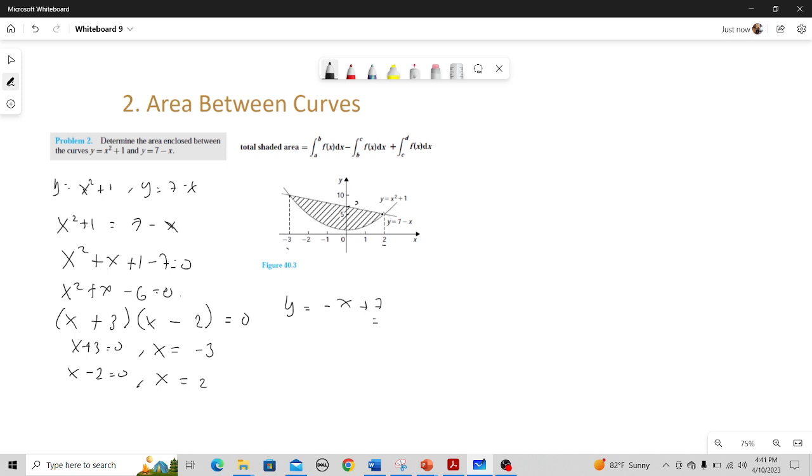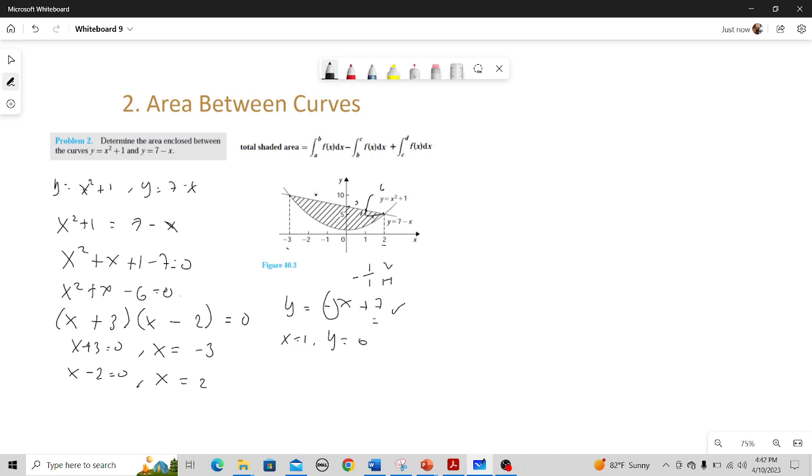This gives you a slope of negative 1, which is 1 vertical and 1 horizontal. When x is equal to 1, y is equal to 6. The drawing is not drawn to scale, but as you see here, the slope is 1 vertical and 1 horizontal.